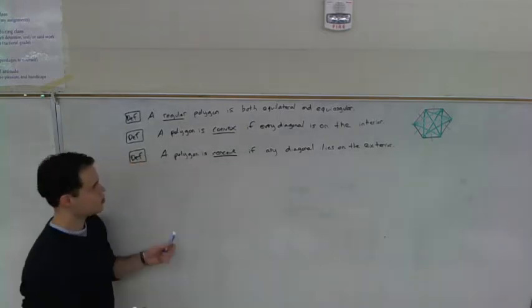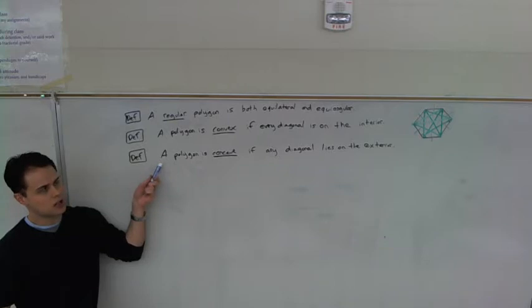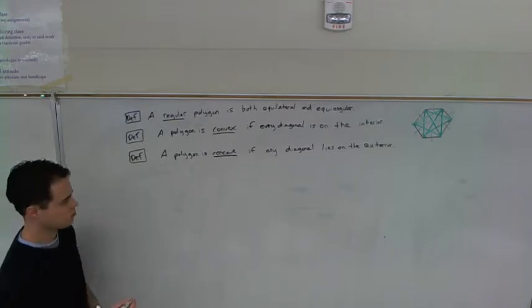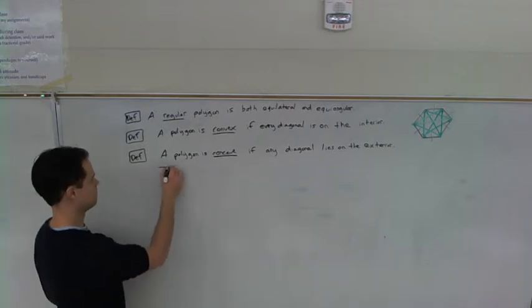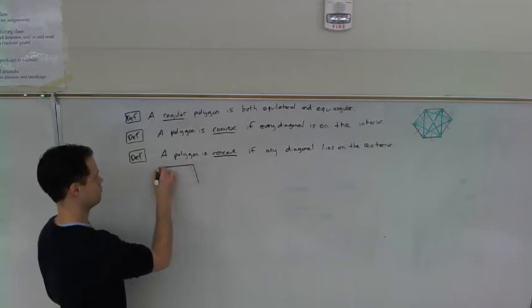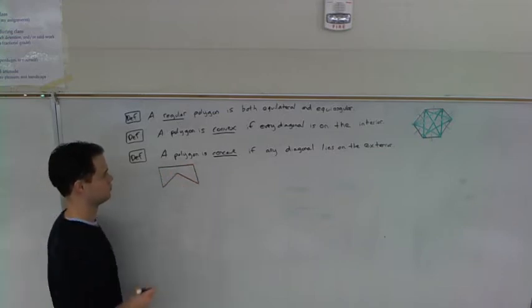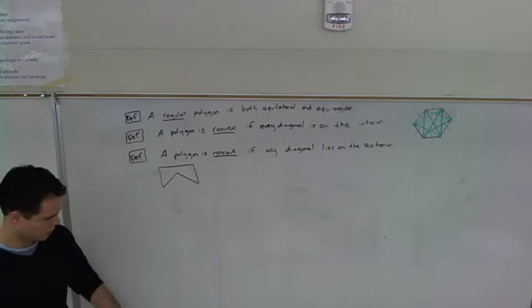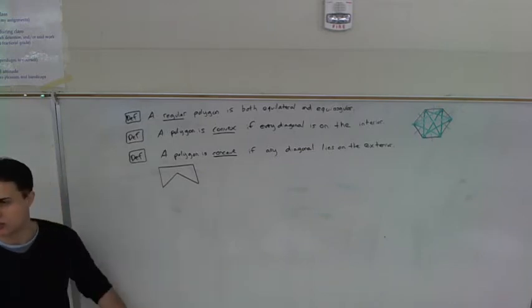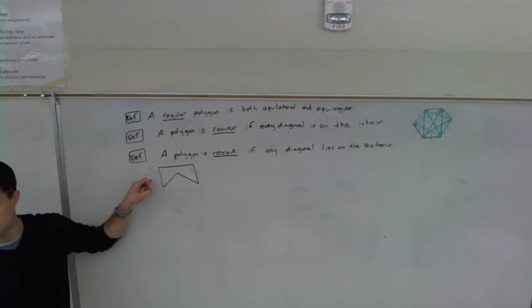Okay. So a polygon is concave. Let's look at one like that. Someone who hasn't told me, what kind of polygon is this? It's a pentagon.